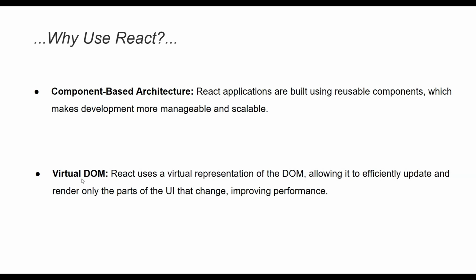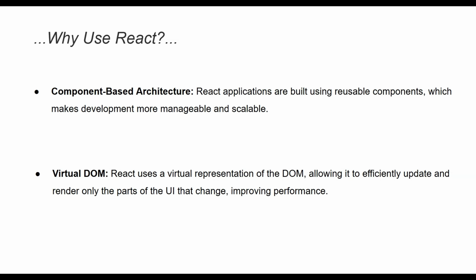And also we see right here the virtual DOM. React uses a virtual representation of the DOM, allowing it to efficiently update and render only the parts of the UI that change, improving performance. Like we've said, one of the problems that makes a website too slow is that when any single part of the web page is updated, the whole page reloads.